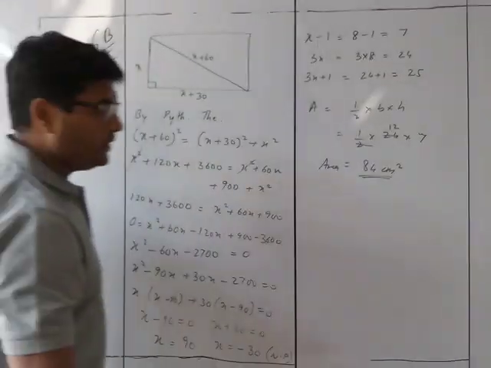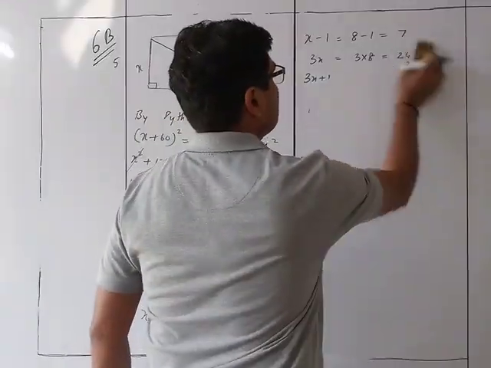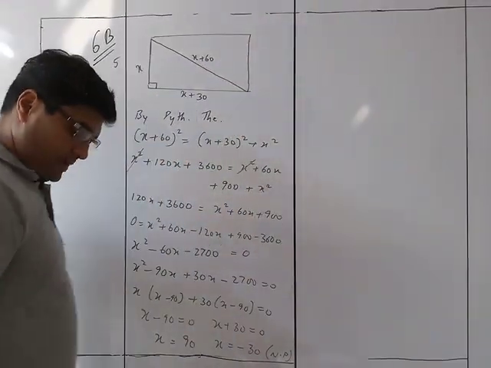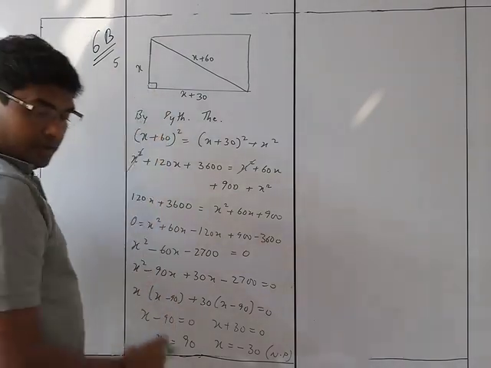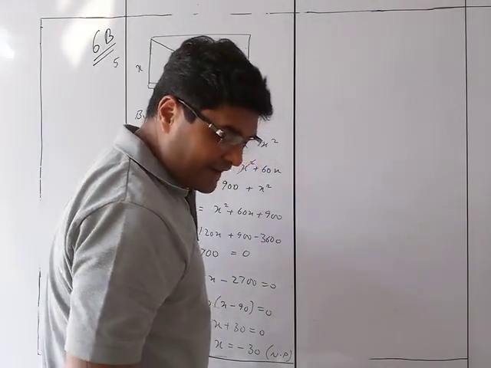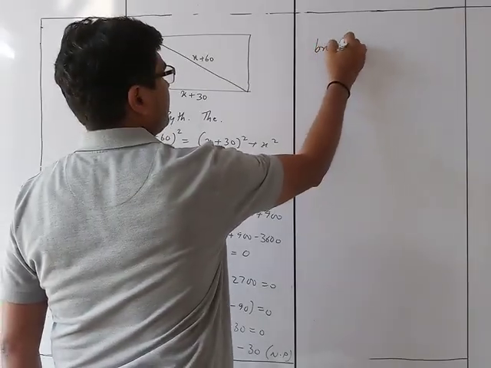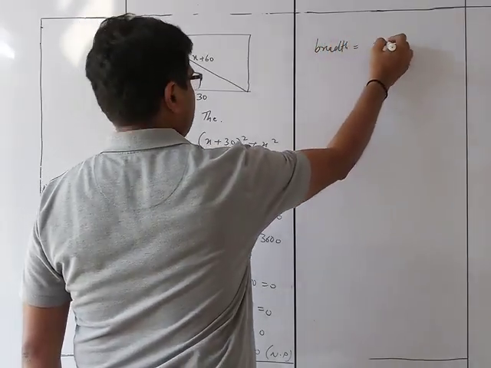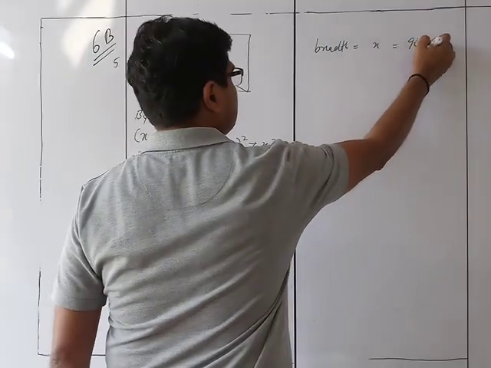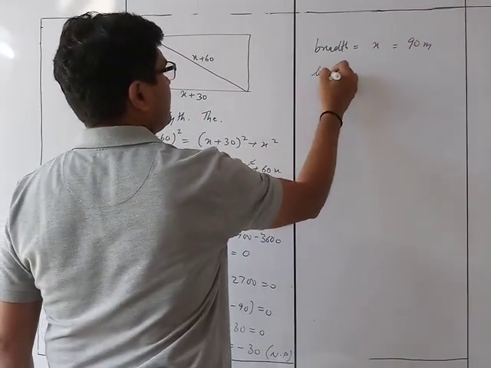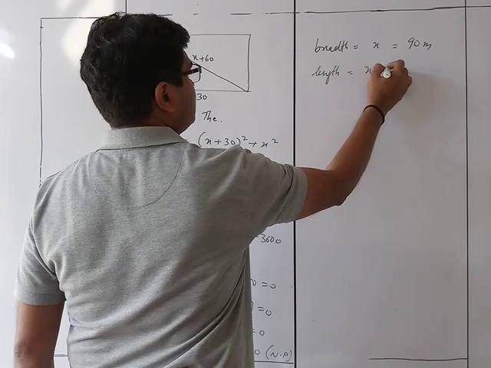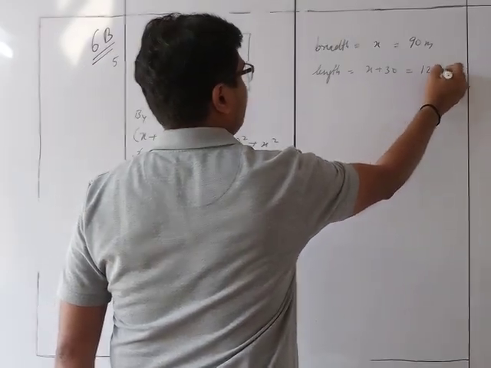Therefore, we have over here x is equal to 90. So what is required? Find the sides of the rectangle. So we have the breadth is equal to x, is equal to 90 meters and length is equal to x plus 30 is equal to 120 meters.